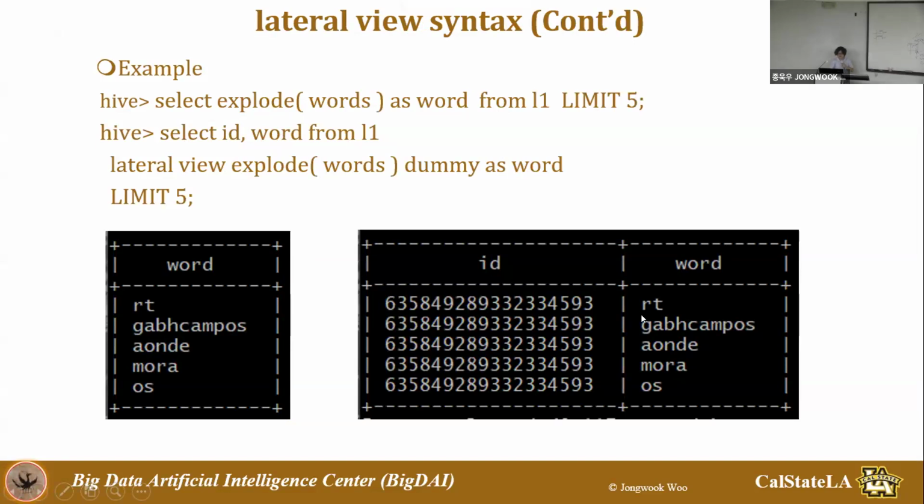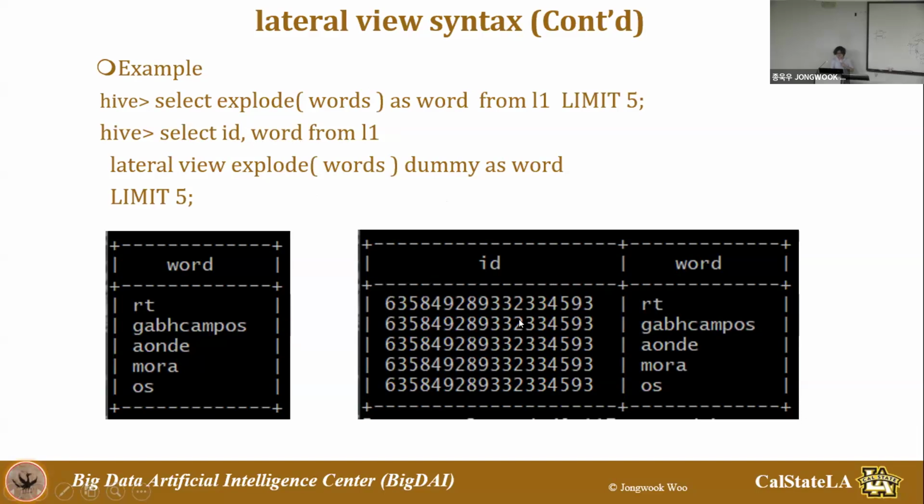However, for each word, you should also represent what is the tweet ID that included this word. Okay. So you have to use a lateral view to explode the words, and then that word is lateral viewed, so it can be listed with the original tweet ID.